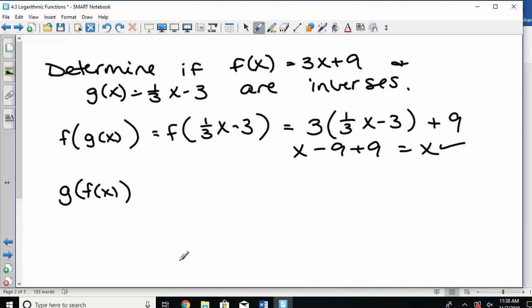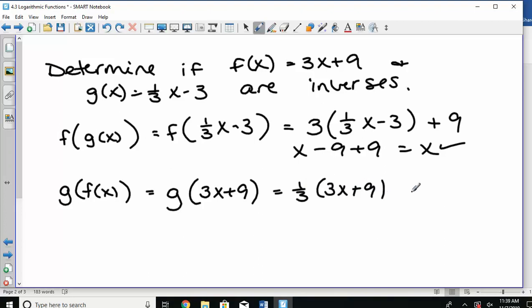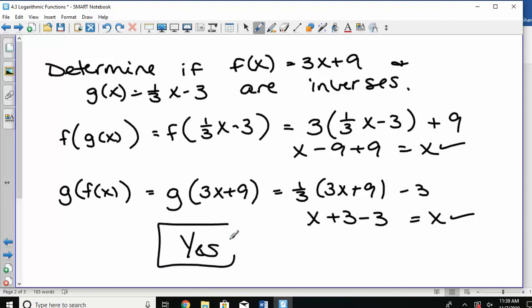No. We do have to check the other way. So that gives me an x plus 3 minus 3, which is x. So yes, these are inverses.